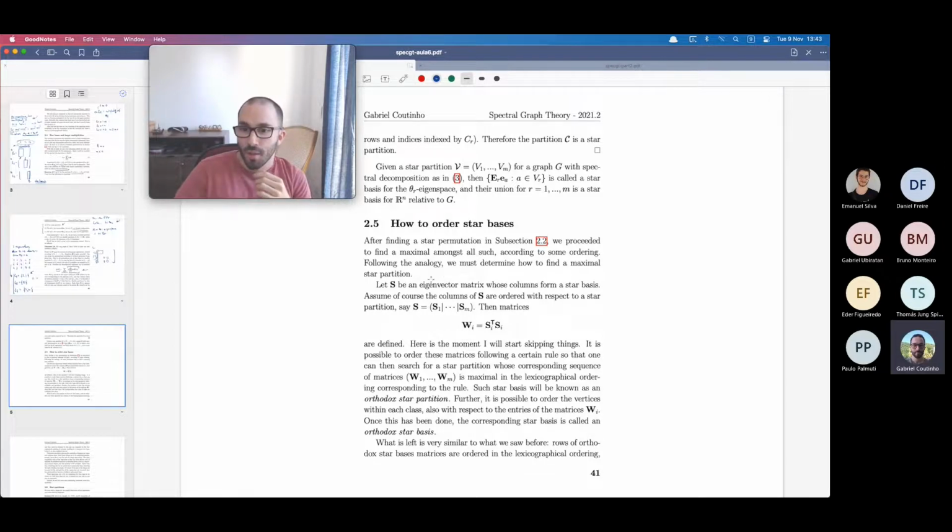So let S be an eigenvector matrix whose columns form a star basis. So now I am picking S to be an eigenvector matrix.